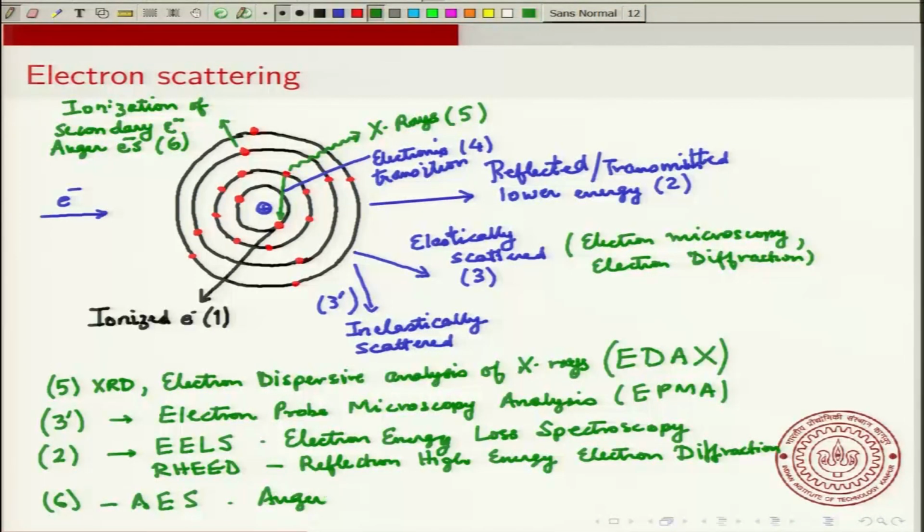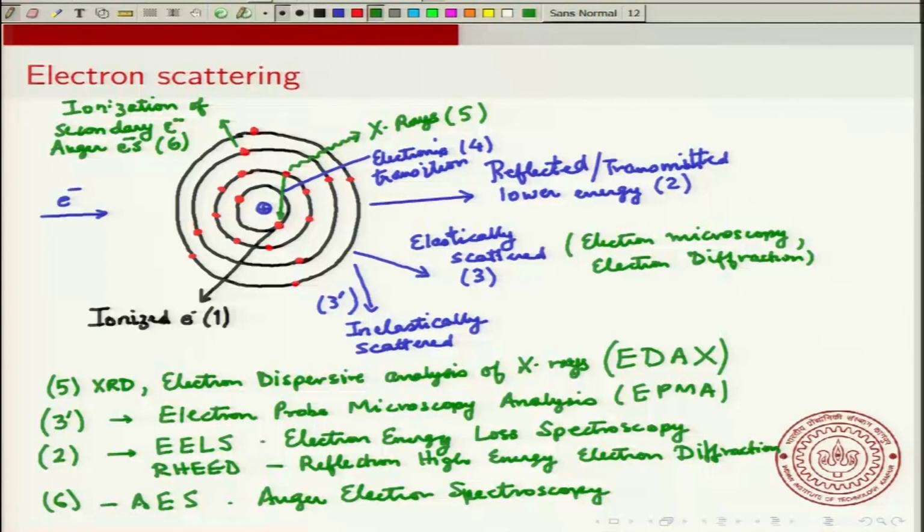This is another surface sensitive technique, used to get information about the surface. So basically a lot of things can happen when an electron scatters off a material, and each of those leads to a different measurement technique.